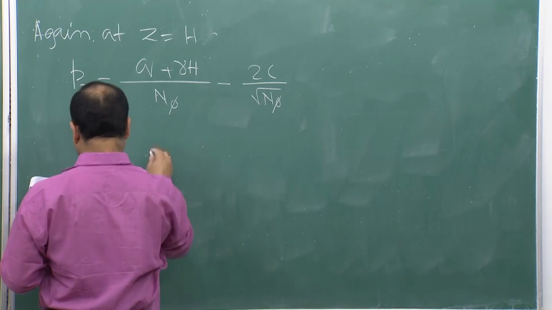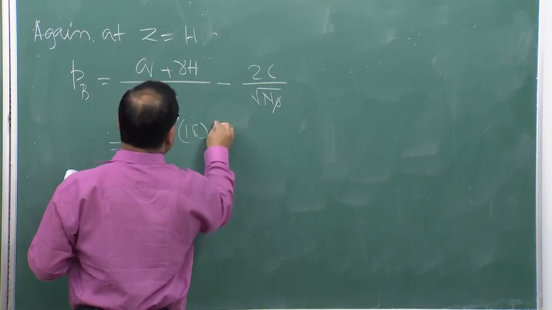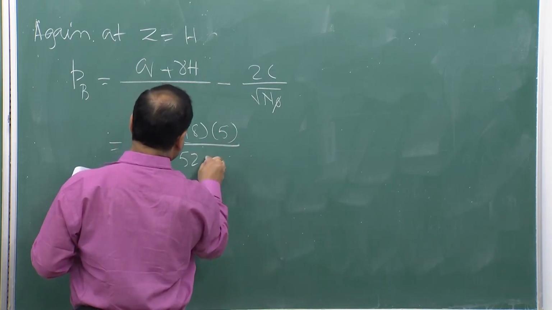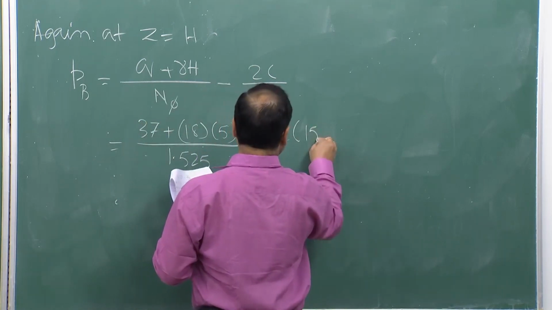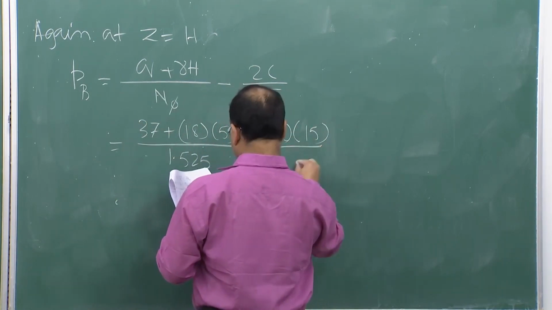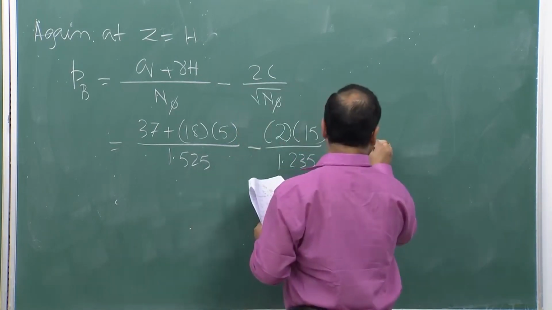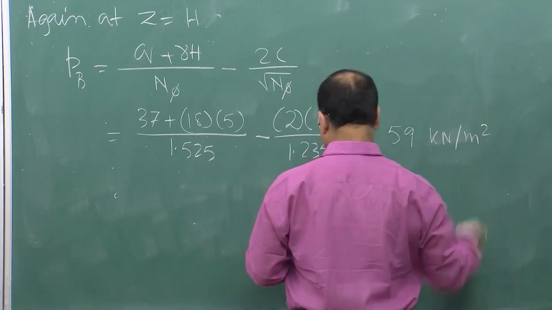By putting all the values, (37 plus 18 into 5) divided by 1.525 minus 2 into 15 by 1.235, which gives me 59 kilonewton per meter square.